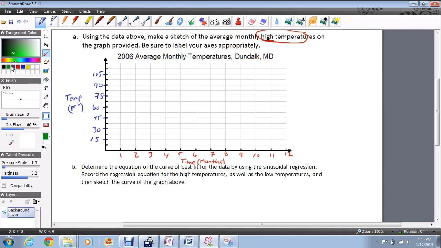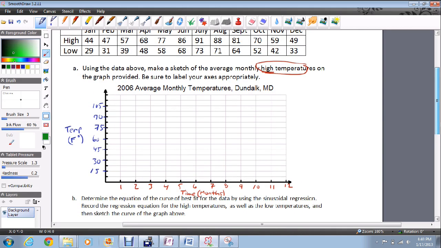Plotting points is pretty easy. So again, we're only worried about the high temperatures. So just circle that to remind us for now. So the first month is 44, second month is 47, next month is 57. So go ahead, I'll let you go graph these as I finish mine.